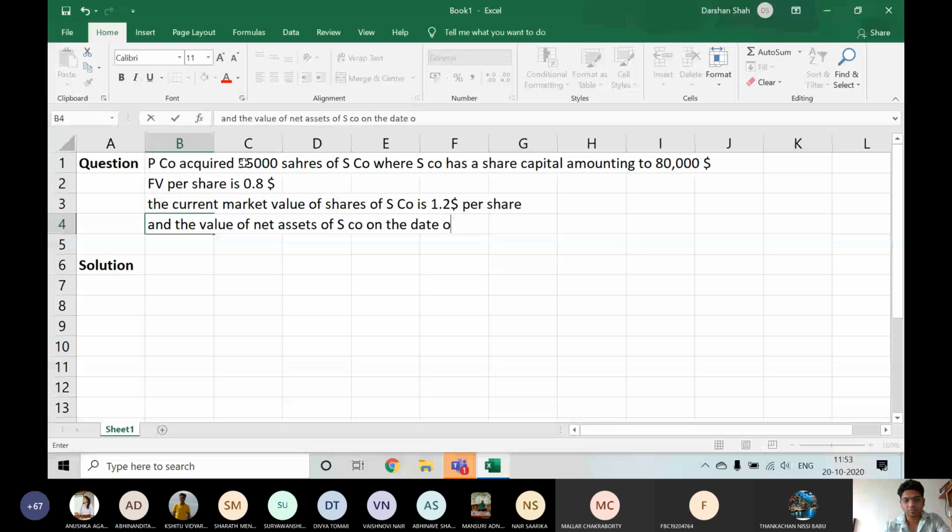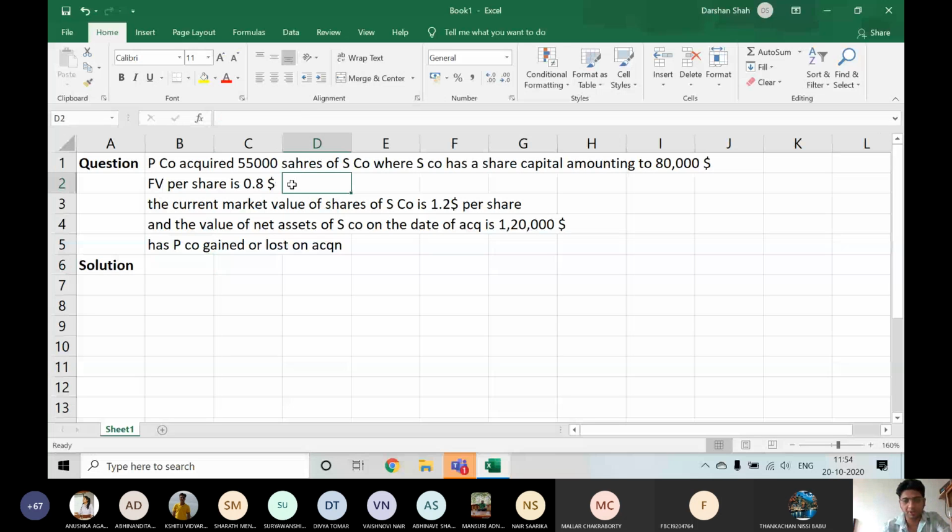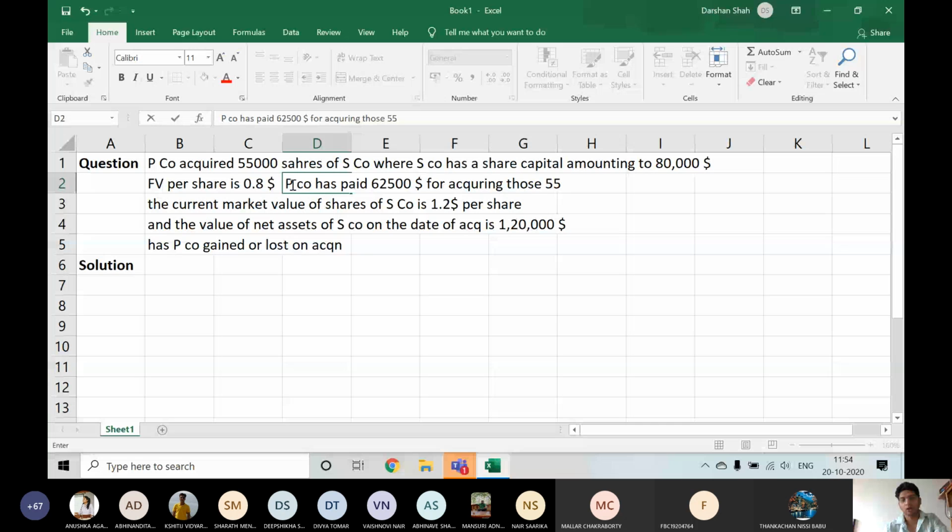Has P company gained or lost on acquisition? Do it. And I'll also give: P company has paid $62,500 for acquiring those 55,000 shares. Do it.